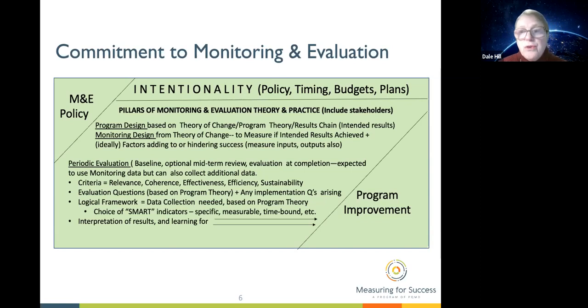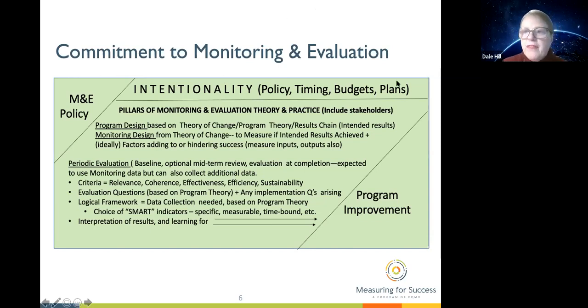The third tool we use is the logical framework, or log frame for short. And this is a chart that lays out the data collection required, and again is based on the program theory. So it will have in one column the concept of the indicator, second column the detailed definition, third how often it's collected and who is responsible for collecting it, etc. This type of information.